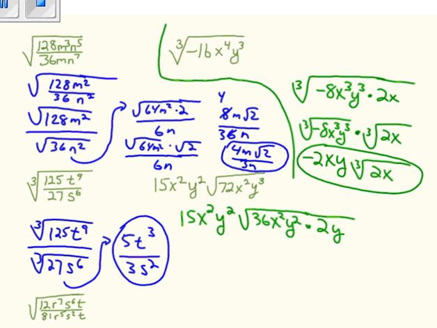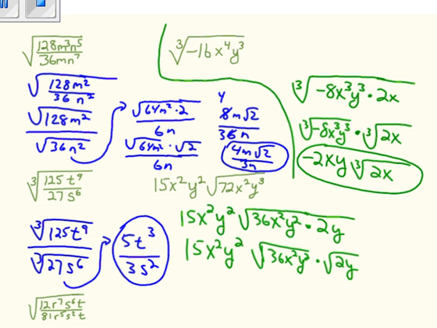Okay? I've got 15x squared y squared times root 36x squared y squared times root 2y.